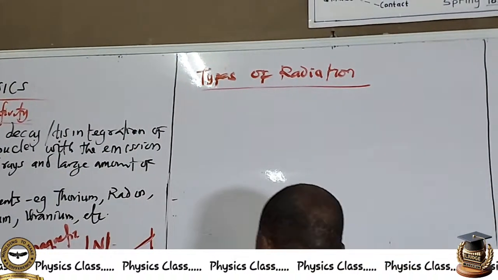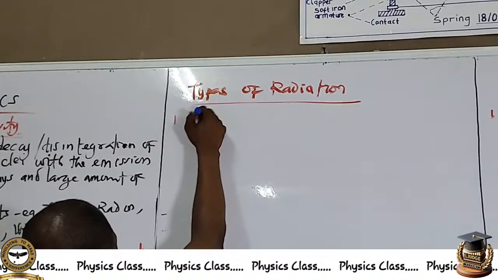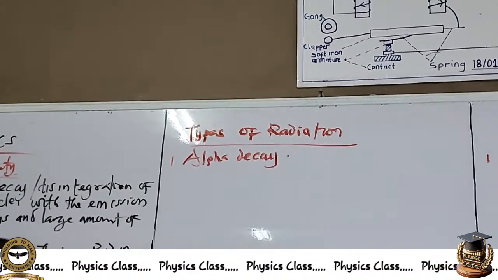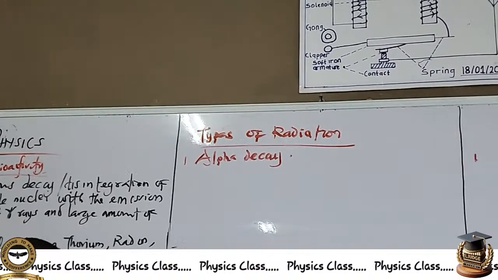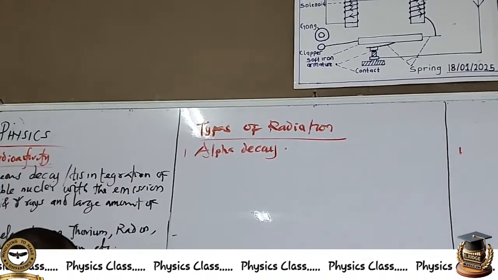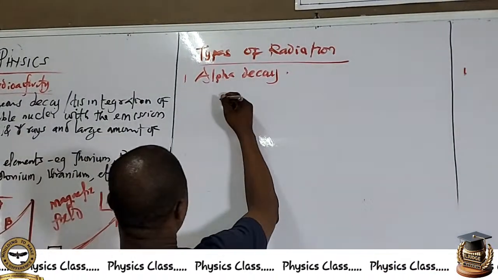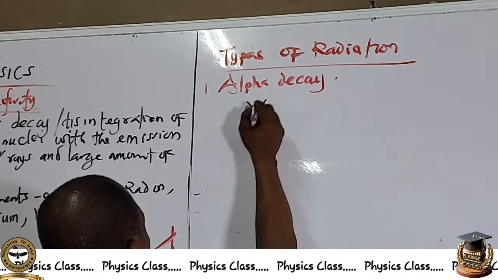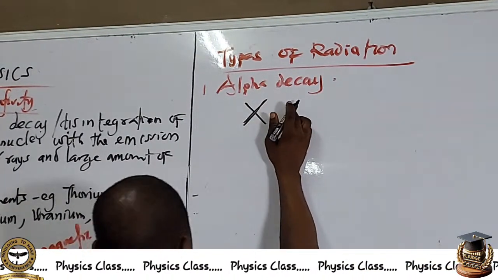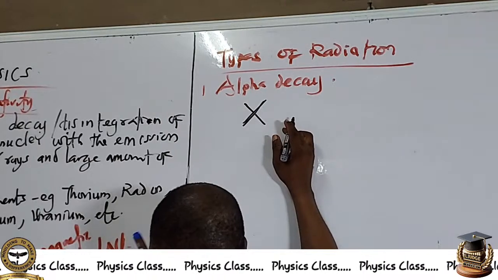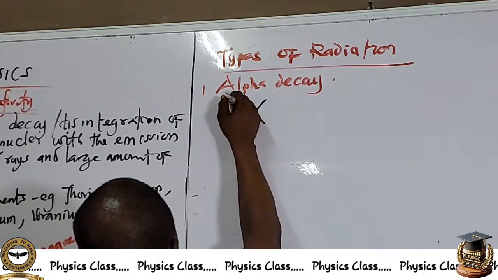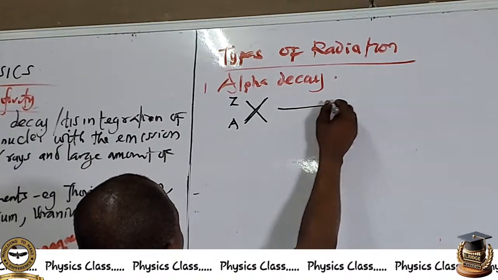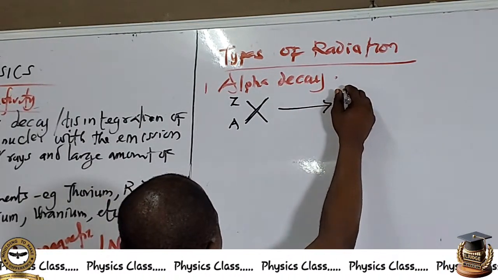Types of radiation. Number one, we have the alpha decay. This is the kind of equation we have for alpha decay. We have the parent nuclide with Z and A, decaying by alpha.